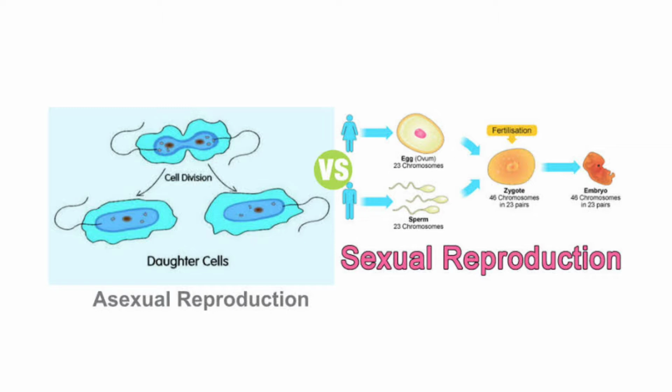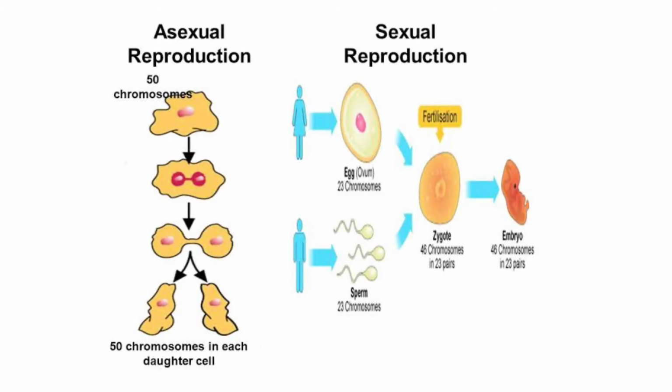And sexual reproduction is carried out by means of intercourse or fusion of a male reproductive part into the female reproductive organs, like human and animal reproduction.